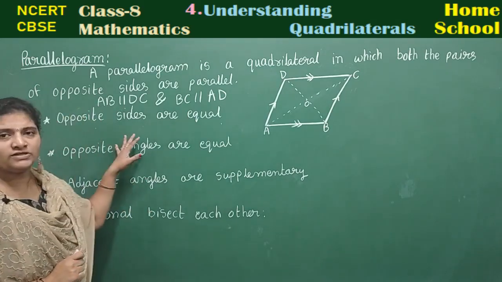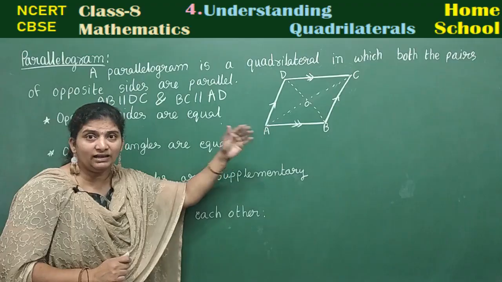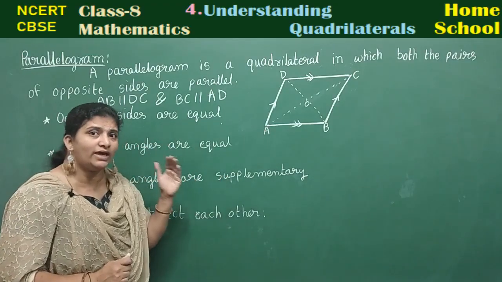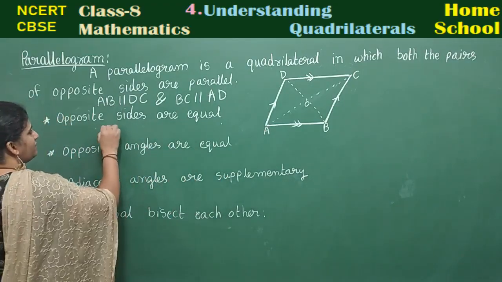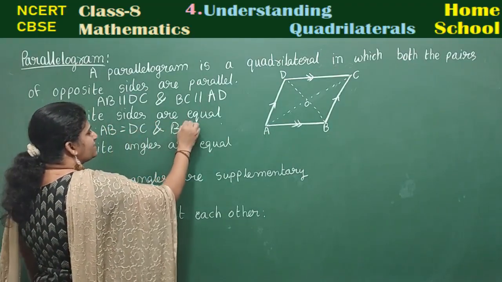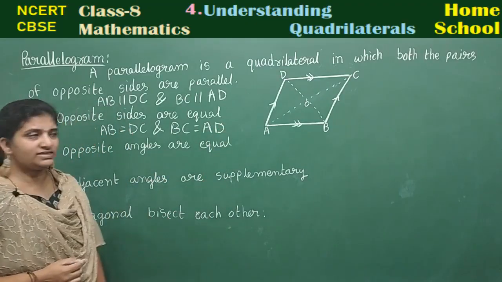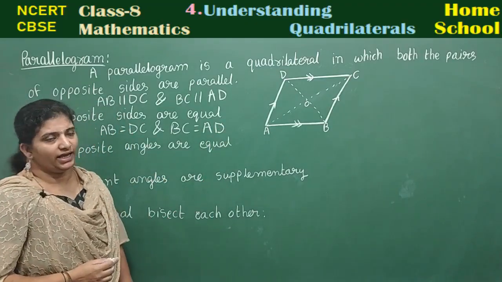Next one, opposite sides are equal. Opposite sides are parallel and their length is also equal. That means AB is equal to DC and BC is equal to AD.